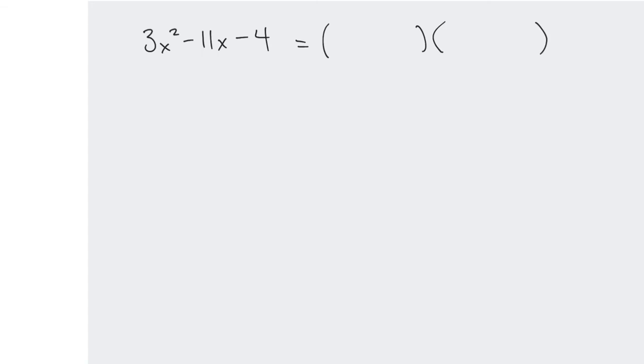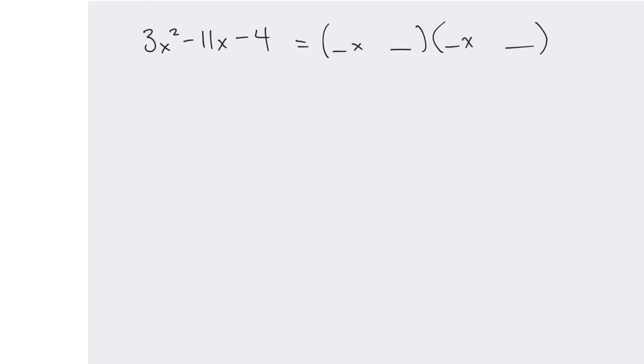The fact that there's a number in front of the x squared means that the x's inside the factorization will themselves have coefficients in front of them. So what I'm looking for is something times x and then another something, and here again, something times x and then another something, all right?